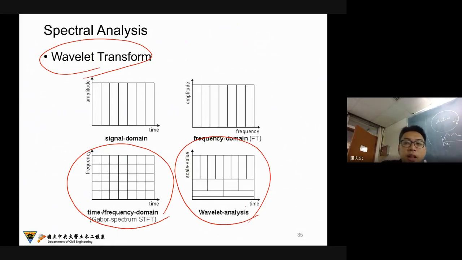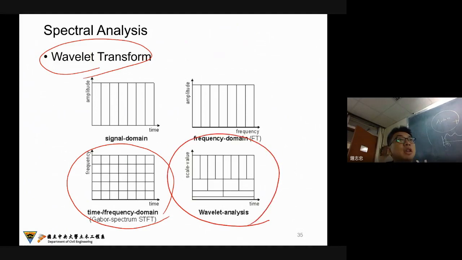In a very low frequency, they try to see the whole spectrum, but in a very high frequency, they just analyze a very short period of time. So this is the comparison with the wavelet transform.